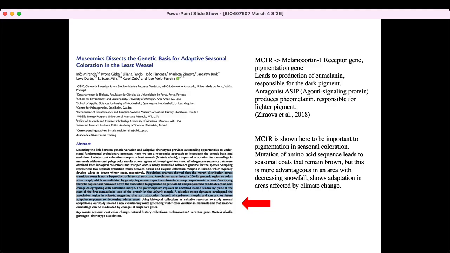And this is a separate study that basically found, through a study with a bunch of weasels that they had in museums, and they analyzed all their DNA, and they basically found that there was a subsection of weasels that kept their brown fur all the way through, and it was basically in the MC1R gene. It's a mutation in the amino acid sequence that switches, I think, a lysine to a leucine or something, and that keeps them brown.